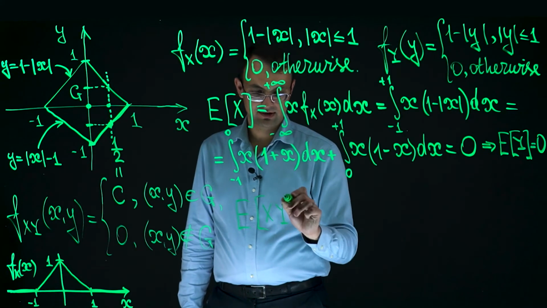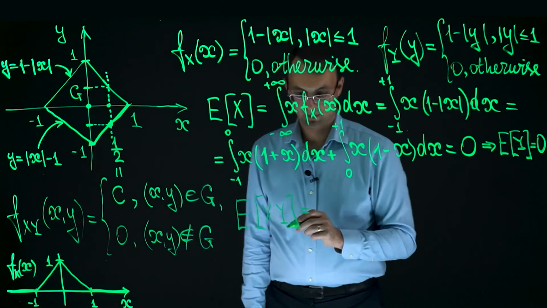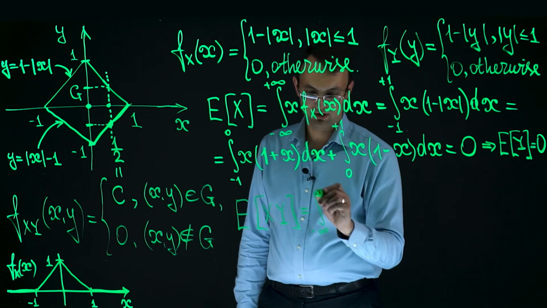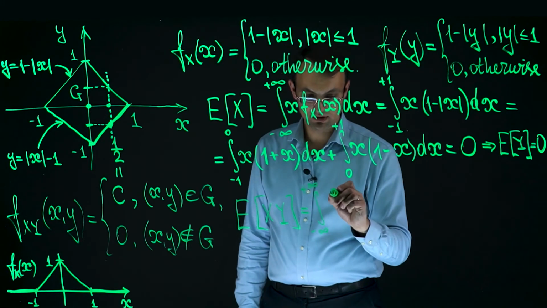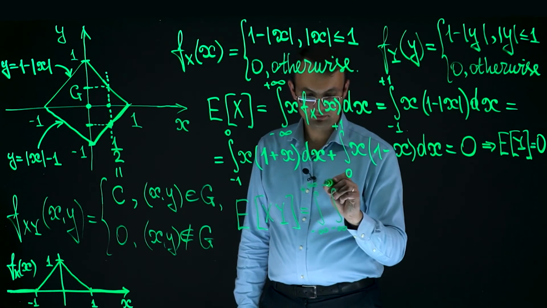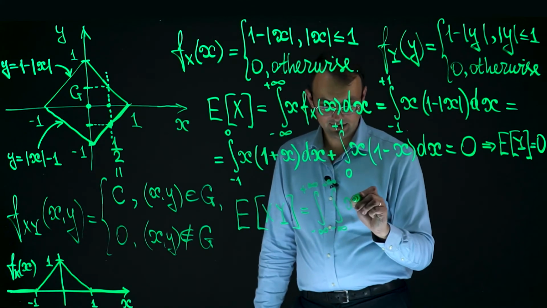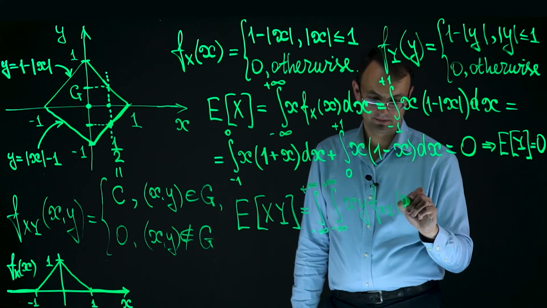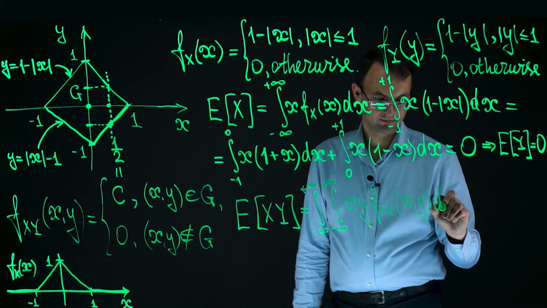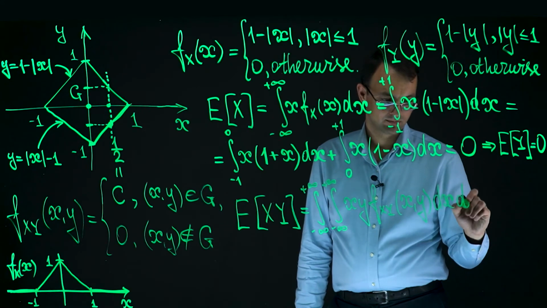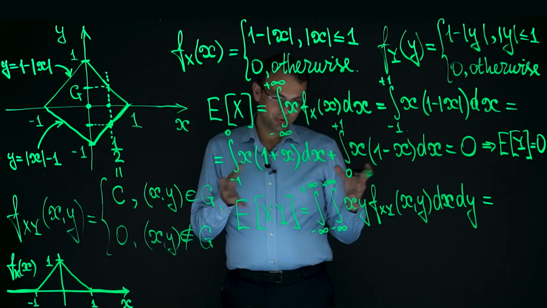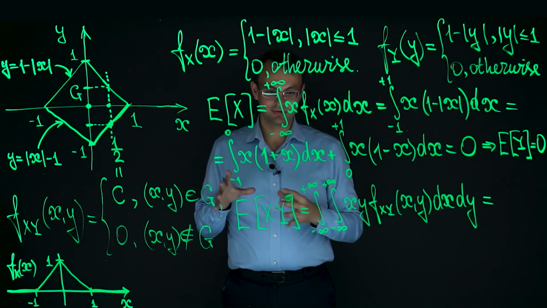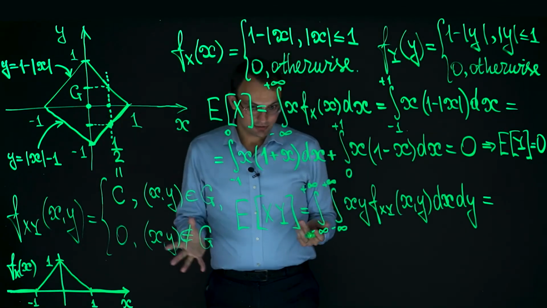In continuous case, e of xy is in general a double integral from minus infinity to plus infinity of x times y times joint PDF. What do we usually do with double integrals? We reduce a double integral to an iterated one. So let's do this.